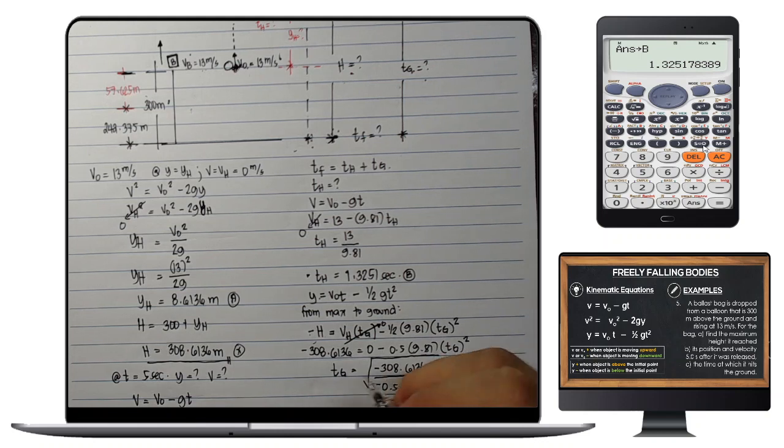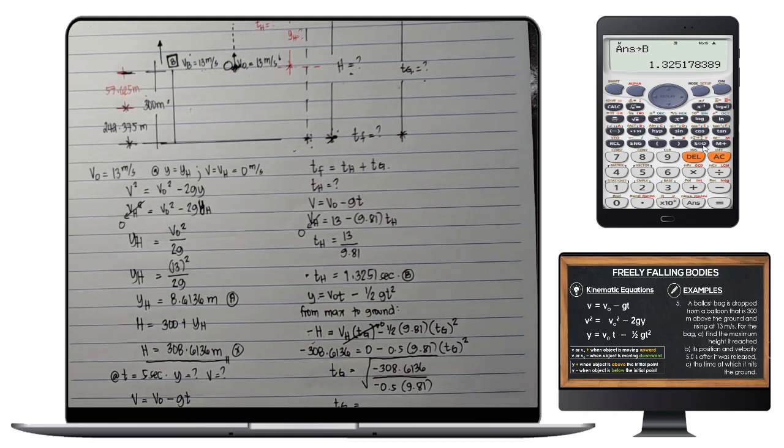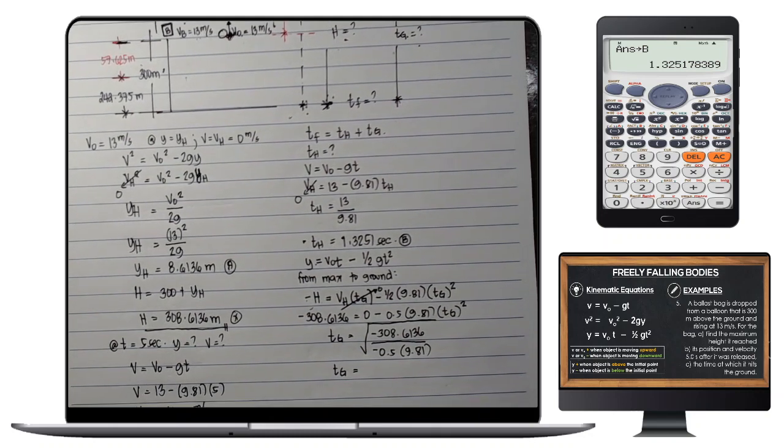Okay? So t sub g natin is equal to, from maximum height to ground. So that is square root of yung 308 nakastore sa x. Then yung 0.5. So this is negative x.